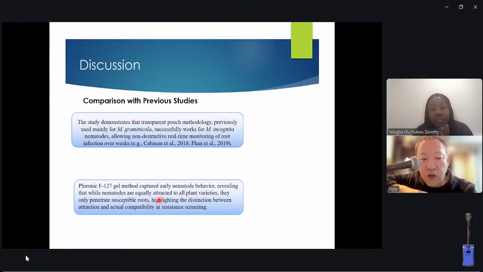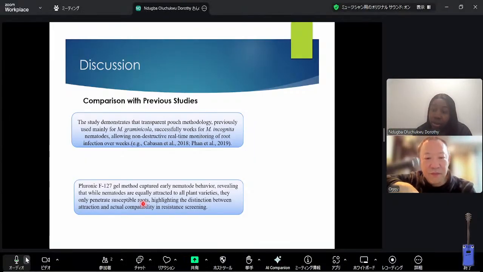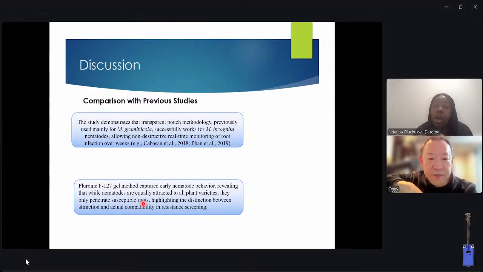What is the actual compatibility in resistance screening? What does that part mean? So because they penetrated, this simply means it's highlighting the distinction between attraction and actual compatibility in resistance screening.